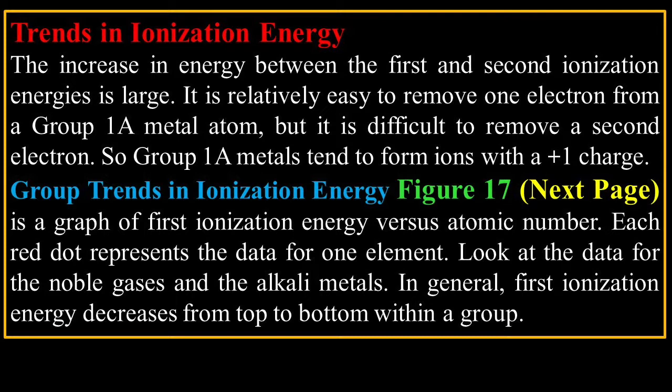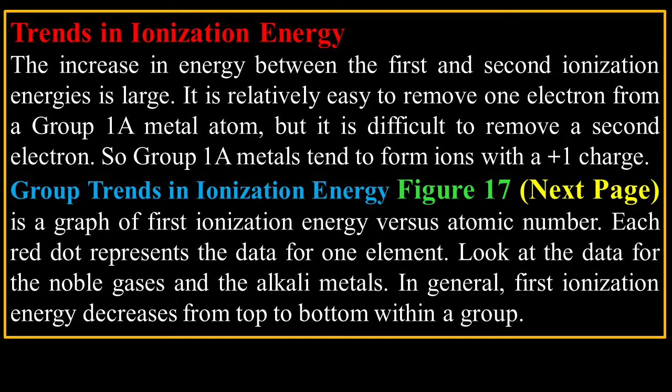Group trends in ionization energy: Figure 17 is a graph of first ionization energy versus atomic number. Each red dot represents the data for 1 element. Look at the data for the noble gases and the alkali metals. In general, first ionization energies decrease from top to bottom within a group.